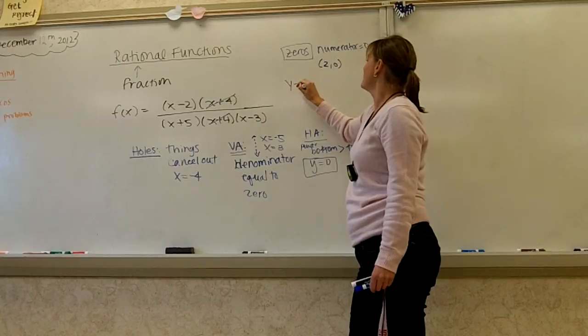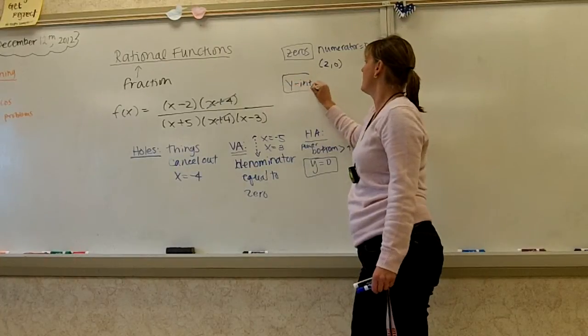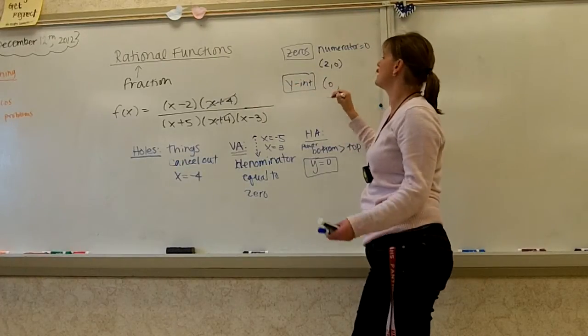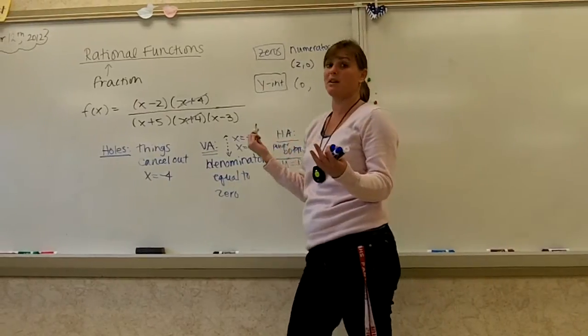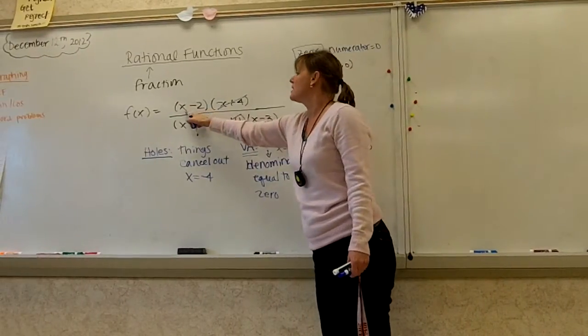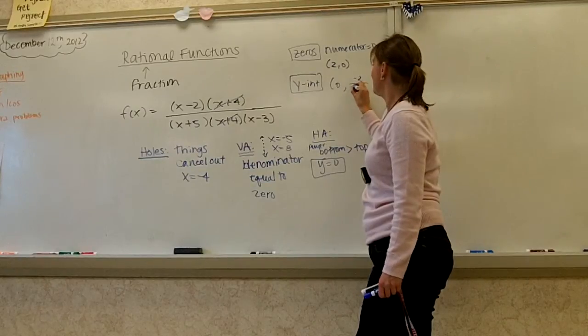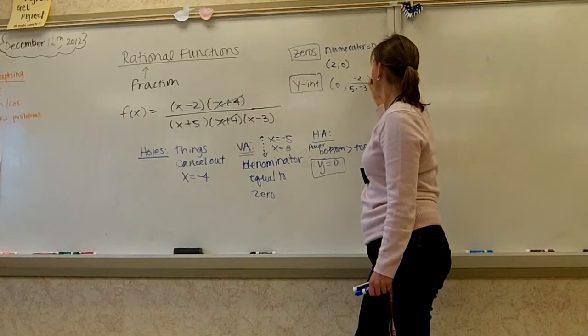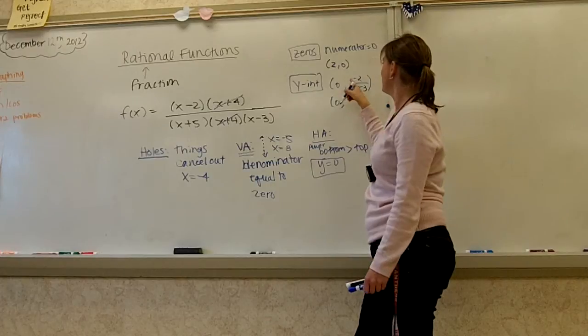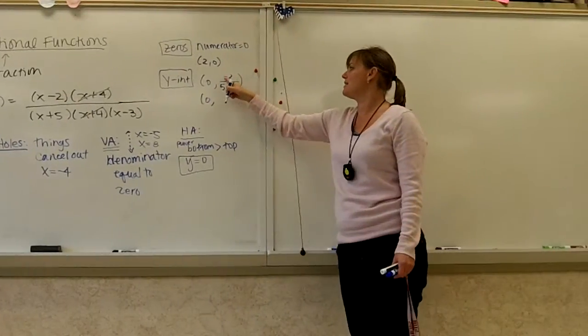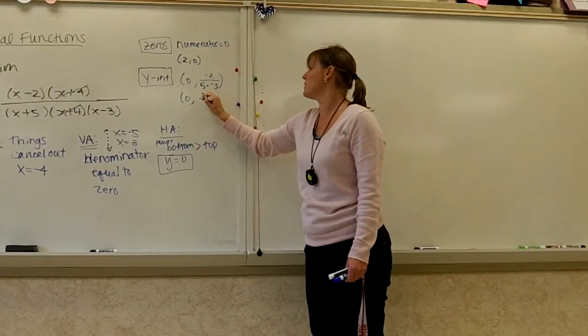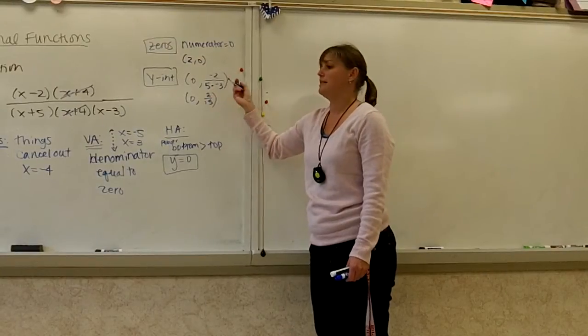And then I also like to find the y-intercept. I'm not really concerned so much with what exactly it is, just whether it's positive or negative. So if I plug in 0 to all these things, I get -2 divided by 5 times -3. Two negatives are going to make a positive. So my y-intercept is 2 over 15, a positive number.